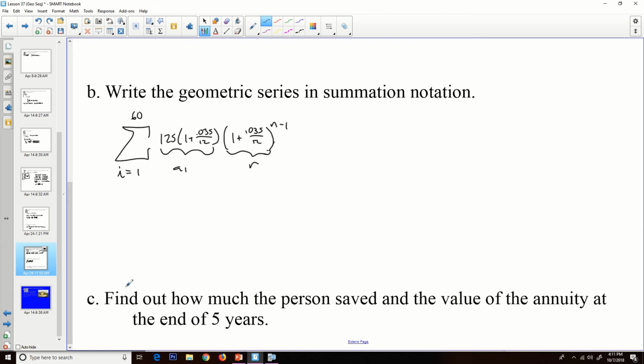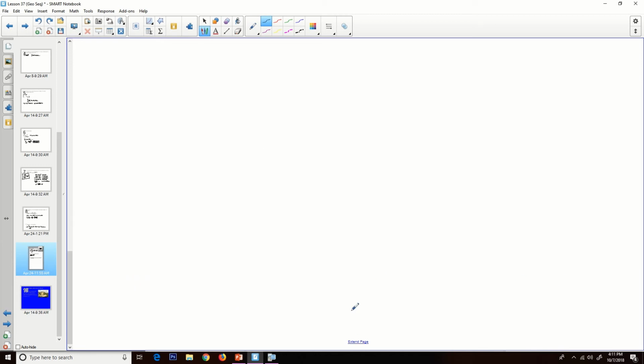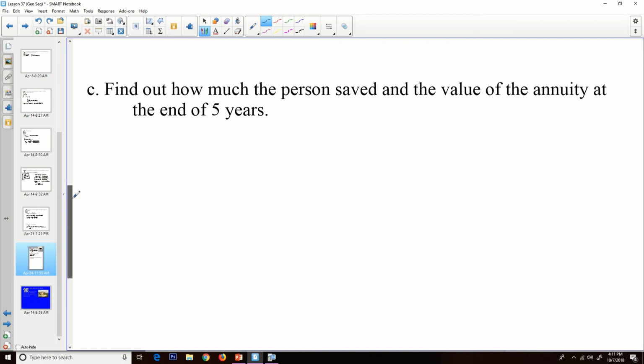How much would a person have saved, and what is the value of the annuity at the end of 5 years? Okay, so we need to know how much they saved. Well, that's easy.